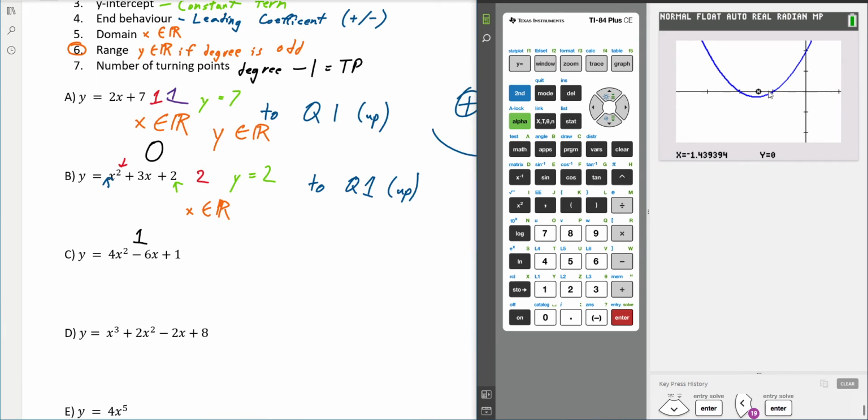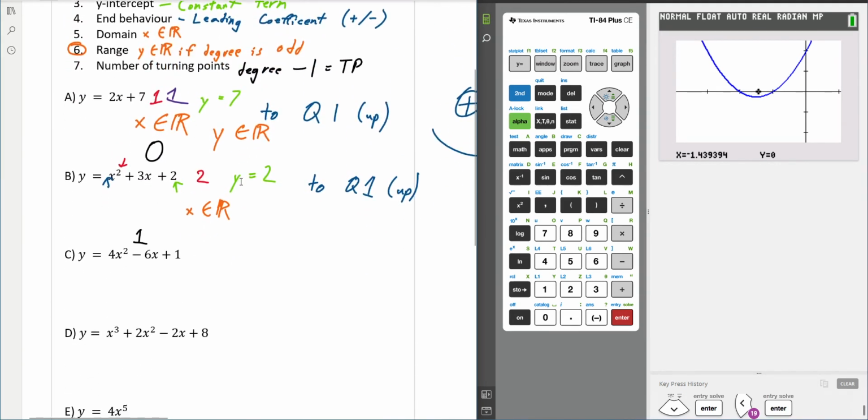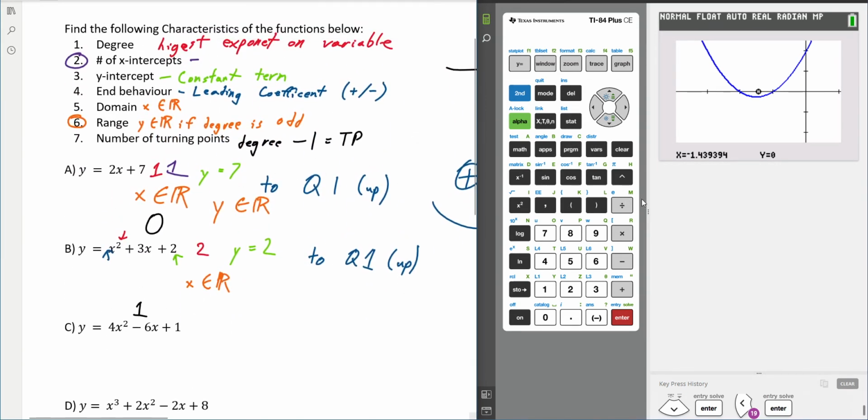If we look at our thing to the right, it's in purple. Just trying to remember what color we're supposed to be in. We have 2 x-intercepts.